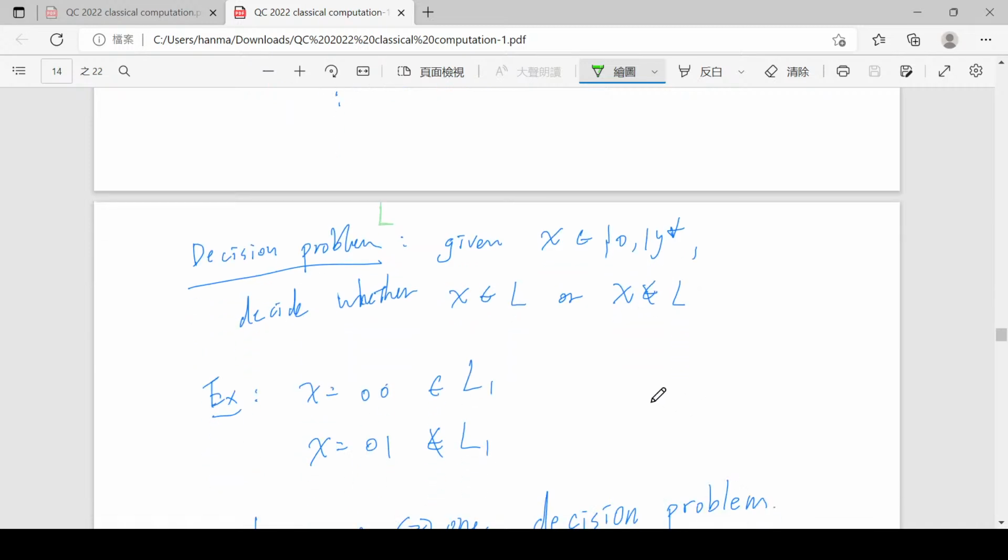Okay. And so your decision is yes. So you should give a yes answer if input is in your language, and no answer if input is not in the language.